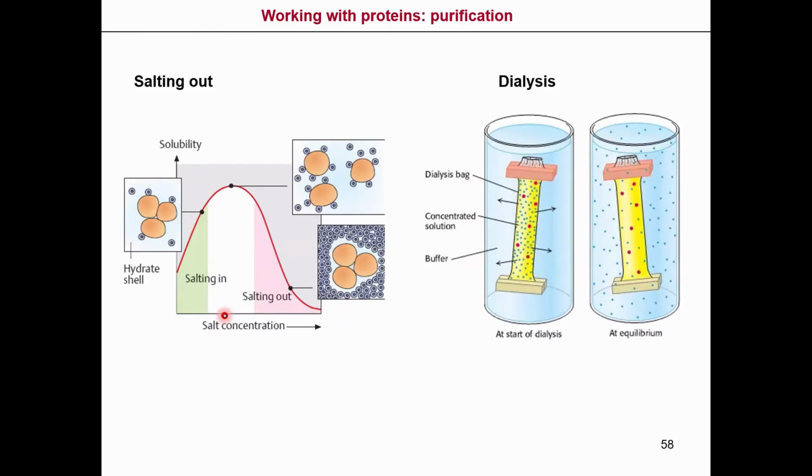Okay, after that we will see that proteins can be purified according to their solubility, their size, charge, and also their binding affinity to other molecules. So the first technique is called the salting out.